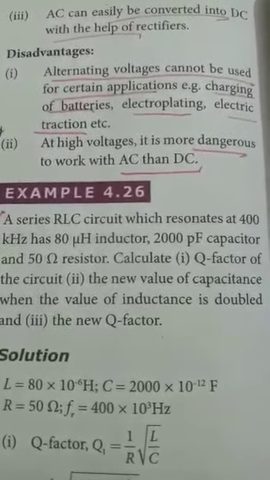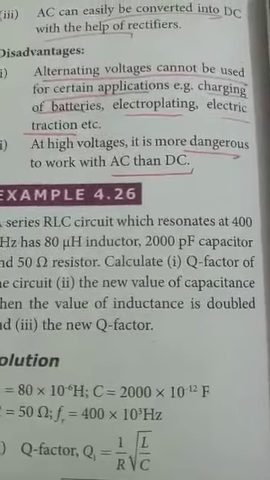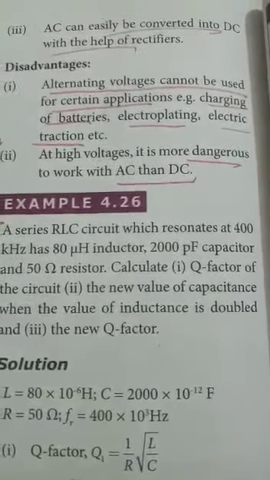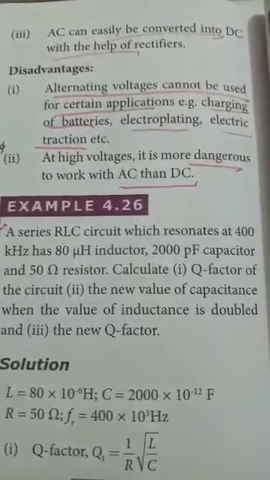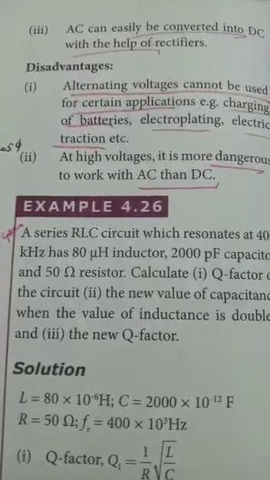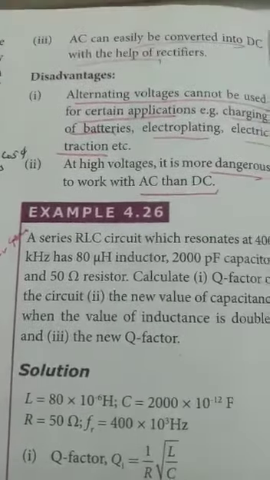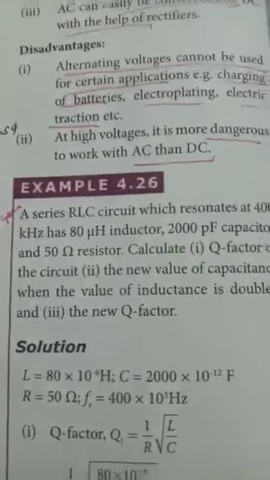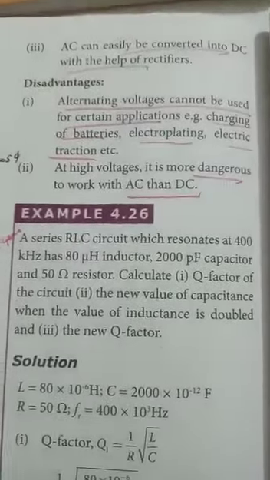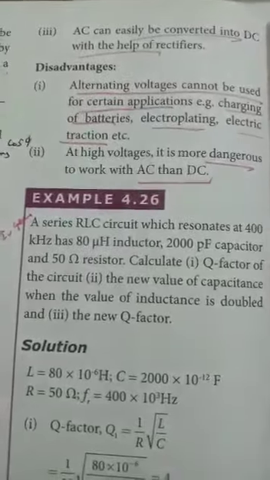At higher voltages, it is more dangerous to work with AC than the DC. These are the disadvantages of AC compared with DC. That's all.